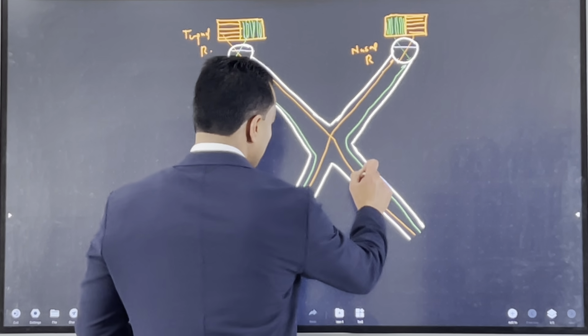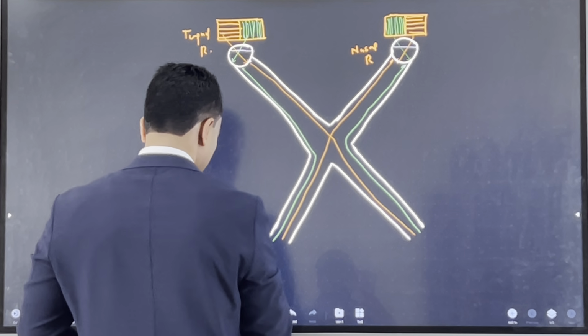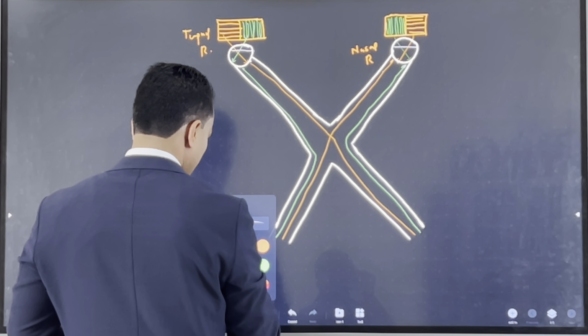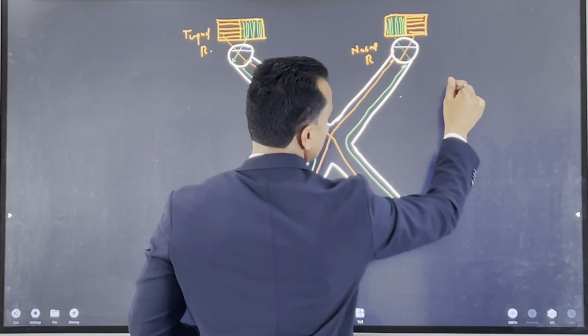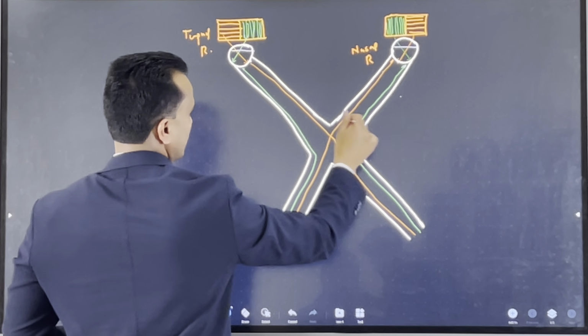And now you can see this is the optic nerve. Suppose I label here that this is the right optic nerve, and this is your left optic nerve.